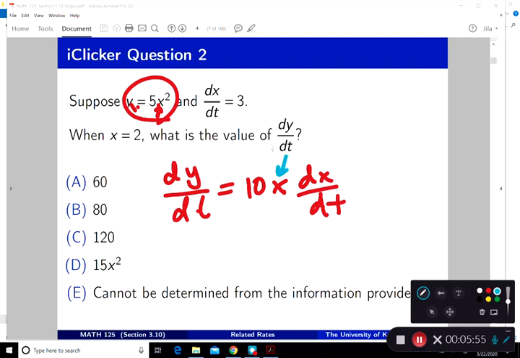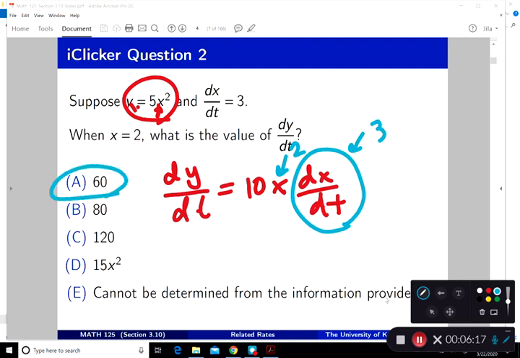I'm evaluating at the time that x is 2, and at that time the rate of change dx/dt is 3. So I multiply them all together, 2 times 3 times 10, and I get the answer 60.